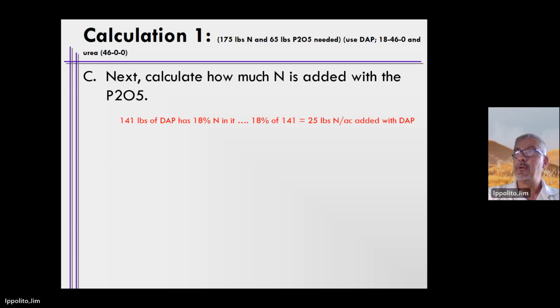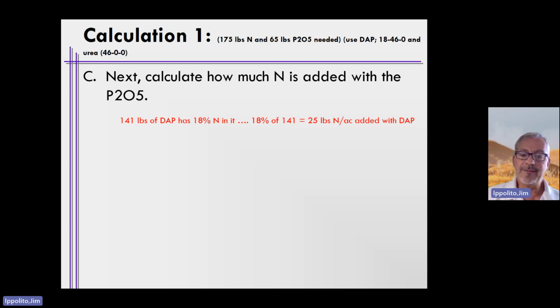So let's do the math. We are going to apply 141 pounds of diammonium phosphate per acre, and it has 18% nitrogen in it. Where do we get that from? We get that from the fertilizer guarantee that you see at the very top of the slide. So what is 18% of 141? 18% of 141 is a number less than 141, logically, right?